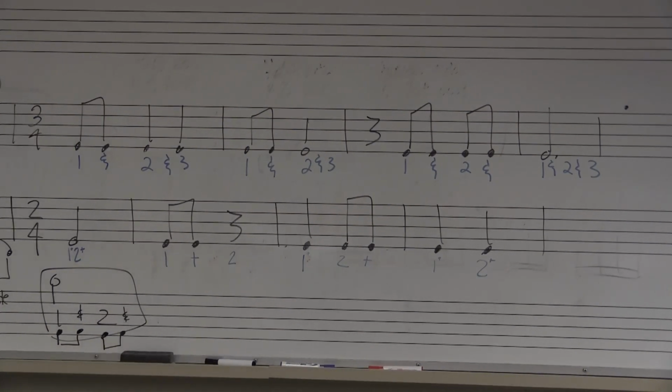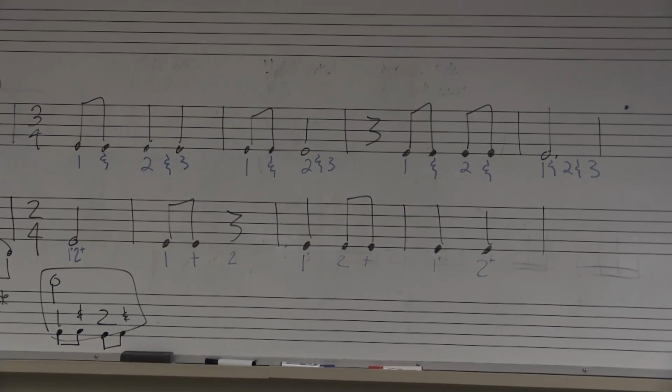So in other words, if you have a pulse like this, everybody stomp their foot. If you have a pulse, here's a half note. 1, 2, 1, 2, 1, 2. Here's quarter notes. Here's eighths.